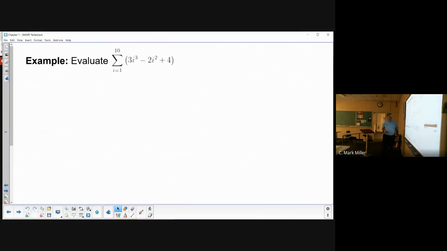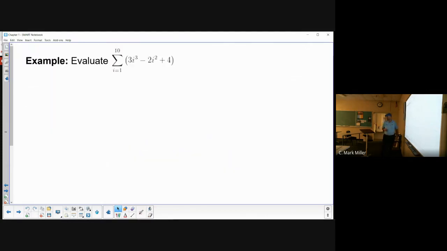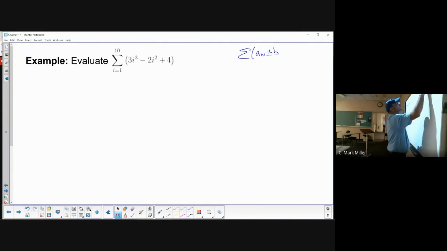So we're going to apply 3 of these formulas here, because we saw a property that the sum or difference of sums is the sum or difference of the sums. The sum of an plus or minus bn equals the sum of an plus or minus the sum of bn.